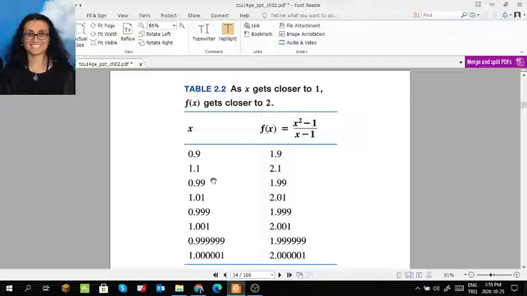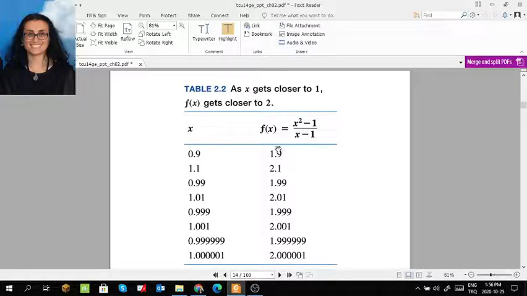So we build our table. We just select numbers that are close to 1, for example 0.1, 1.1, 0.99, 1.01, 0.999. These are all numbers close to 1. And then we find the corresponding value of f. These are the f values corresponding to these x values.